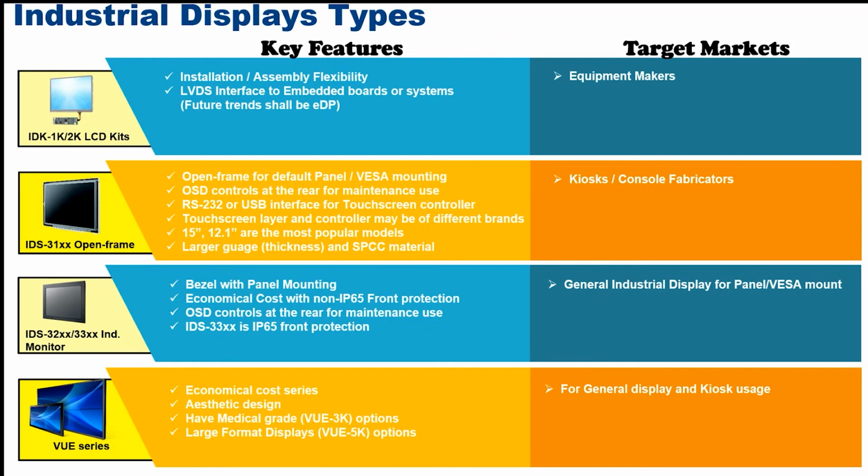And then we have IDS 3100. This is an open frame with default mounting or VESA mounting. The OSD control must be at the back side. Why? Because, as we said before, it's put on a kiosk.